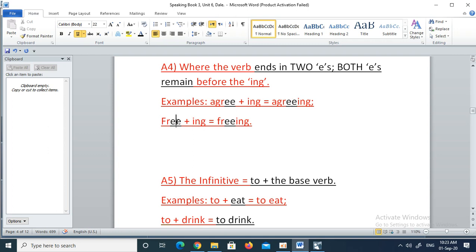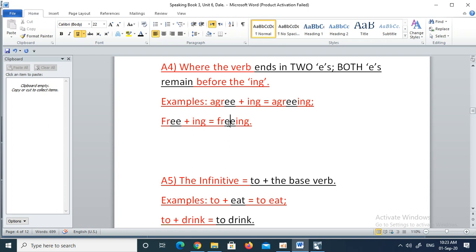Free, the verb to free somebody or to free something, has two E's in its base form. We add ing and we keep the two E's. So it is only where there is one E that we drop the E, and the exception to that rule is the verb to be.